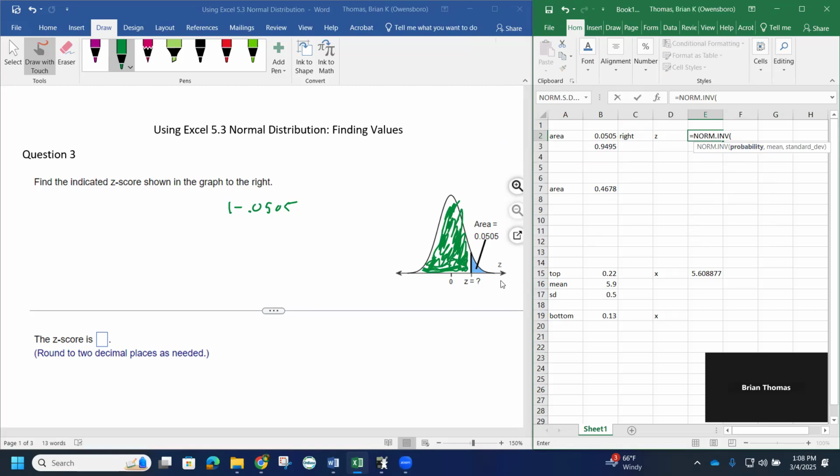Since we're dealing with z-scores, the probability is the area in the curve, the 0.9495, so it's B3. For the mean, we'll just type in 0, and the standard deviation was 1. We close our parenthesis, hit enter, and that gives us a z-score of 1.640025. If we round to two decimal places, that's 1.64.